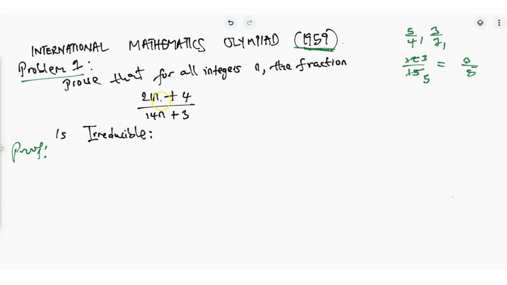Now we are told that we should prove that fractions of this form are irreducible. Let's consider n equals 1, you get 21 plus 4, so this is 29 over 14 plus 3, that is 17. And for n equals 2, you get 21 times 2, which is 42 plus 4, that is 46 over 14 times 2, that is 28 plus 3, 31.